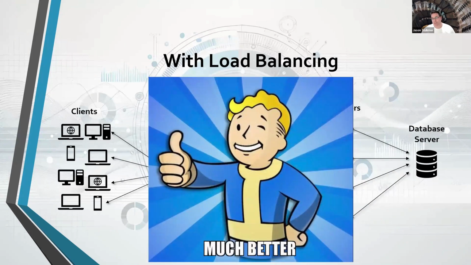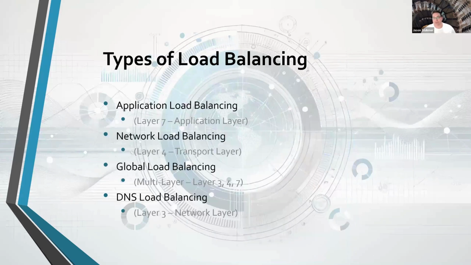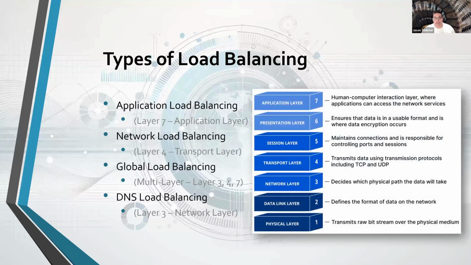This seems much better. So we'll dive into a few different types of load balancing. The first is application load balancing, and then we'll proceed through network, global, and DNS load balancing. The types we have listed on this page all correspond to different layers of the OSI model, which is the Open Systems Interconnection model, that defines how applications communicate over a network.